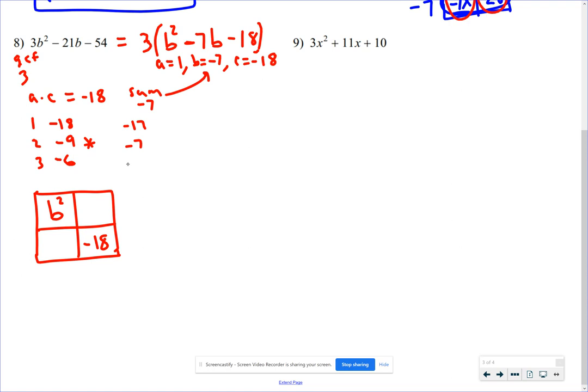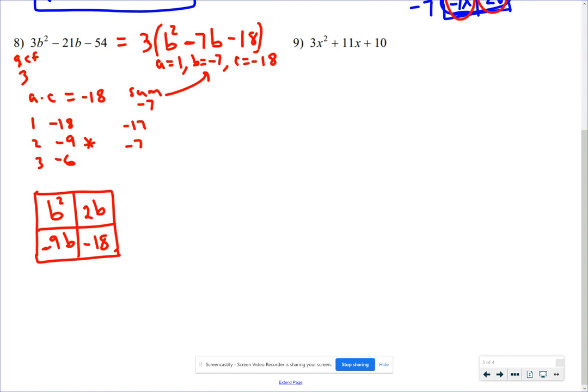Well, in the other two, I'm going to realize that negative 7b is the same as 2b minus 9b, right? 2b minus 9b. That's what we're using this factor pair for, to take the middle term and split it into two pieces. So I have a 2b and a negative 9b that add up to negative 7b, right?